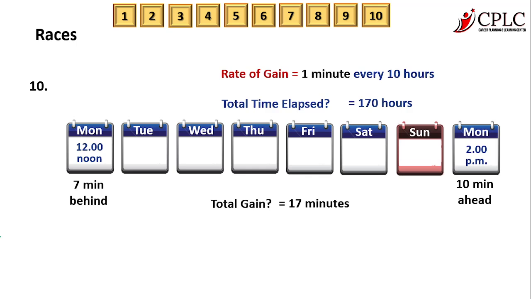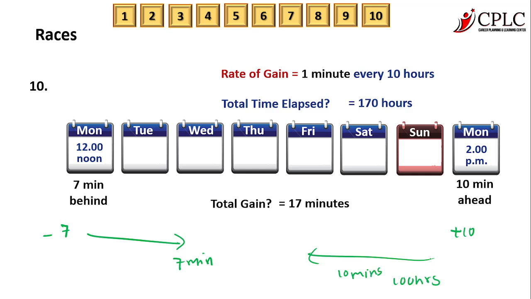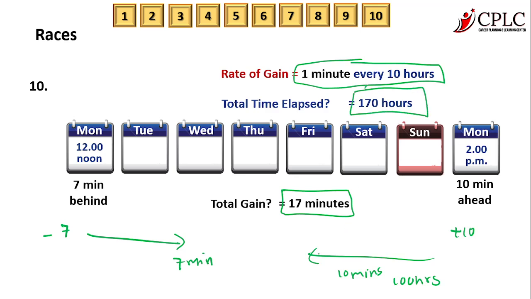This is what we said as minus 7 and this is what we said as plus 10. So either we can go 7 minutes forward from here or we can come down 10 minutes backwards from here. 17 minutes in 170 hours, 1 minute in 10 hours.